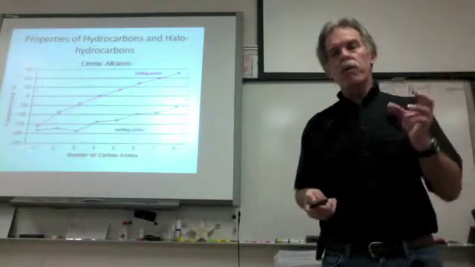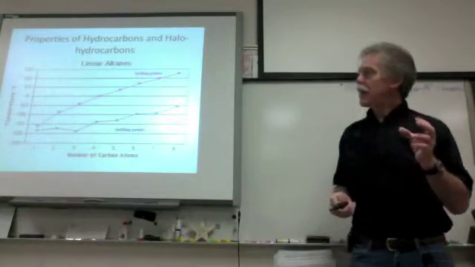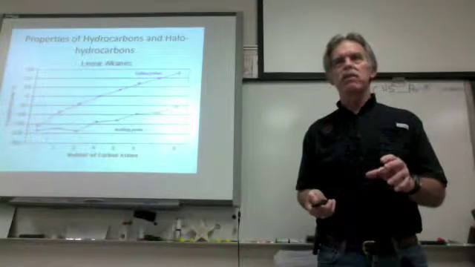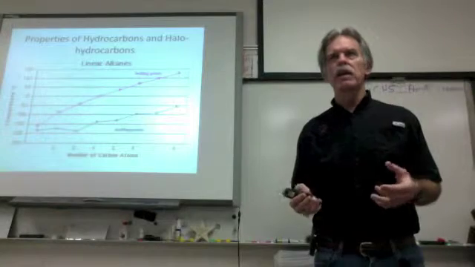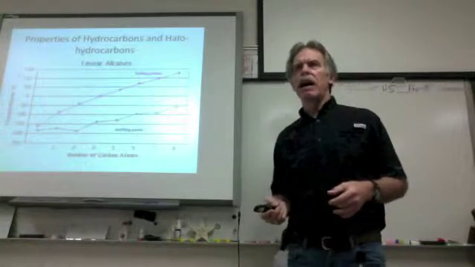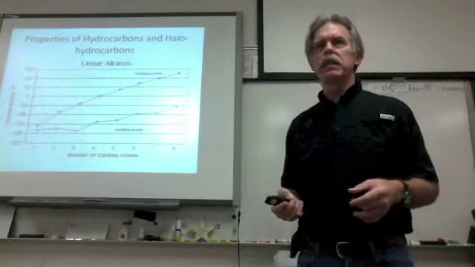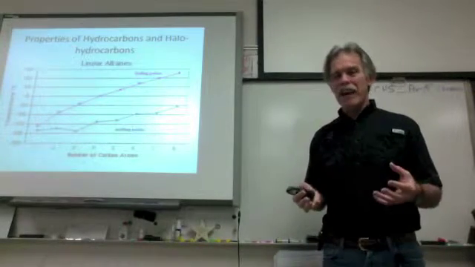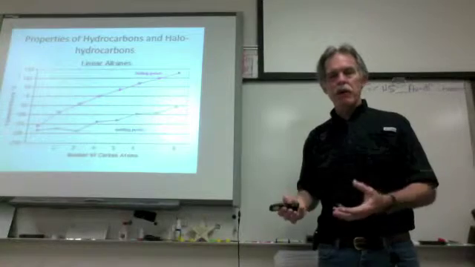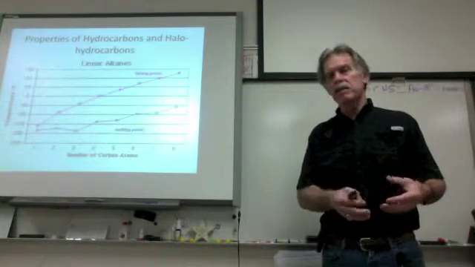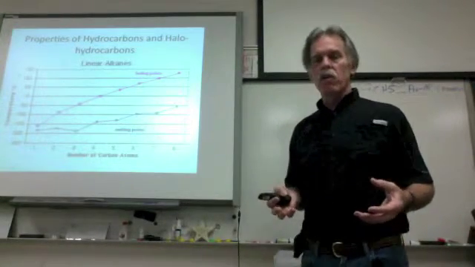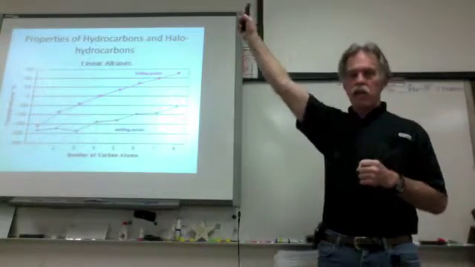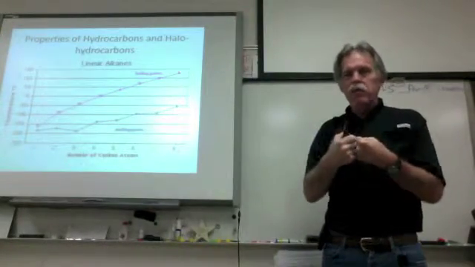Now, what if we add a halogen? Well, if you add a halogen, some of the halogens are fairly heavy. I mean, chlorine, bromine, iodine. Iodine's 126.9. That's a pretty heavy molecule. When you add that, it's kind of the same thing. The heavier and bigger something is, the more energy it takes to turn it into a gas, because we've got to drive that stuff up and away from its partner.